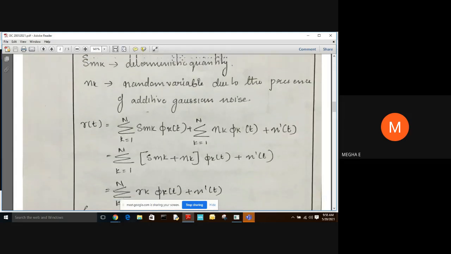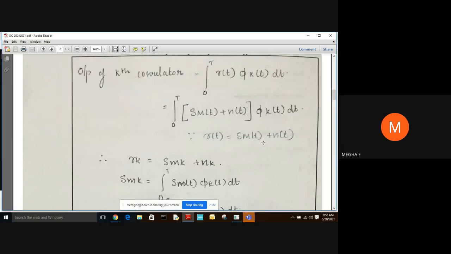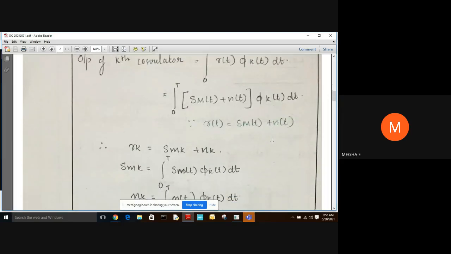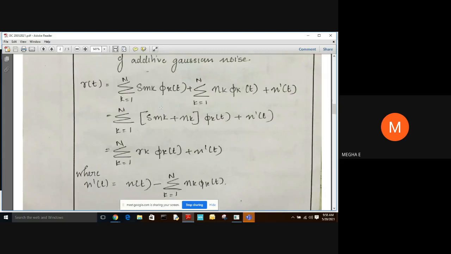R of t is nothing but Sm of t plus n of t. Same here, we are writing R of t as the Sm of t component plus the n of t component. So R of t is the summation k equal to 1 to n of Smk into phi k of t, plus the additive noise part, that is the Gaussian part, the summation k equal to 1 to n of Nk into phi k of t, plus n dash of t.